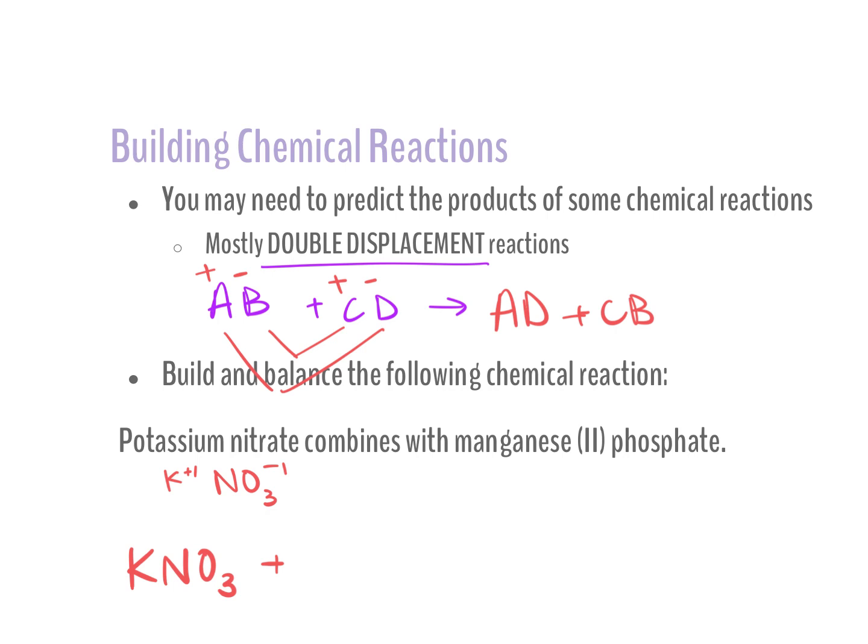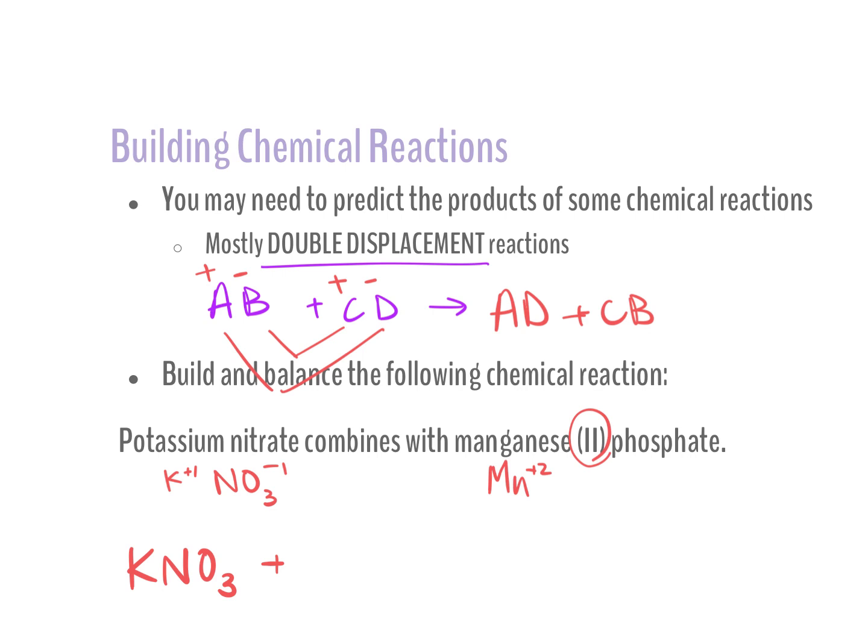So my first reactant is KNO3, because I'm building my chemical equation. Combines with manganese 2-phosphate. Manganese is Mn, and how do we know its charge? It's from the Roman numeral, right? It's right there. So Mn +2. And phosphate, if I don't have phosphate memorized, where will I find it? In the box, because it's a polyatomic ion.